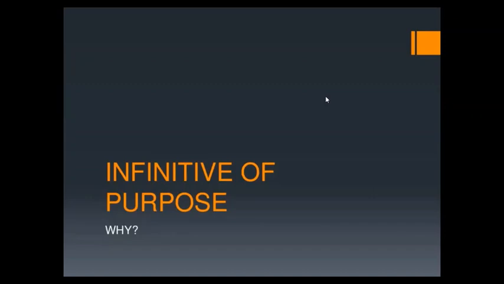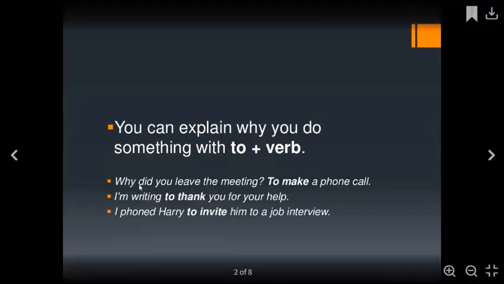So this is when you tell the other person the reason about something. We need to have a normal verb as well. You can explain why you do something with to plus a verb, okay?